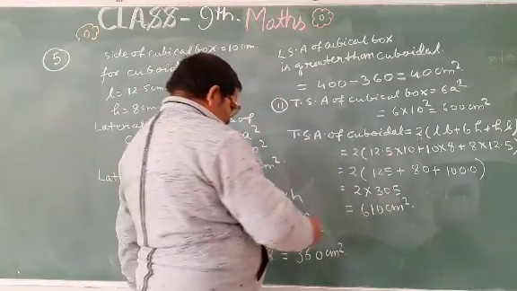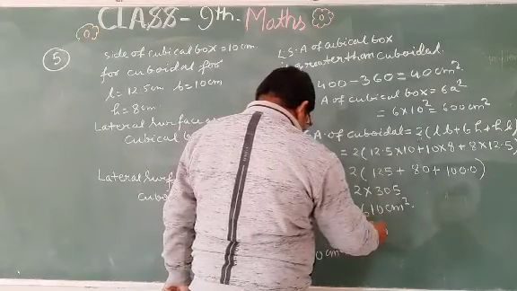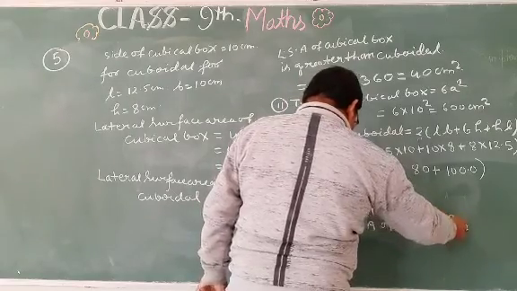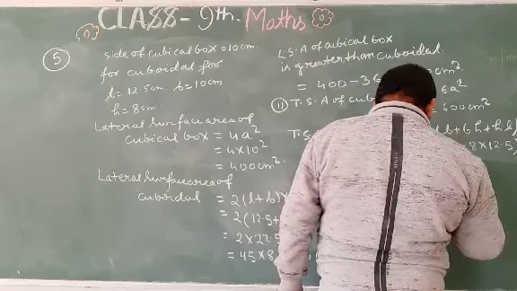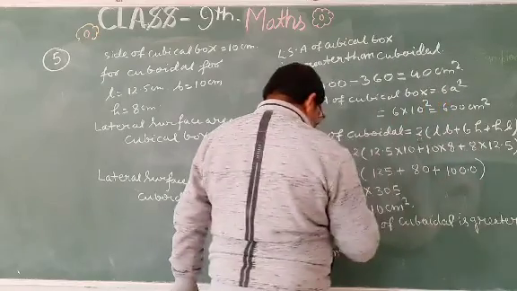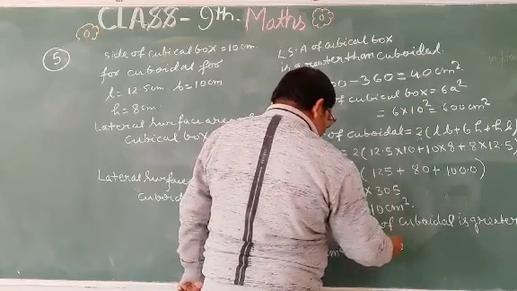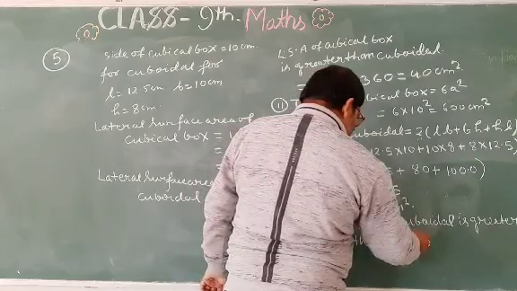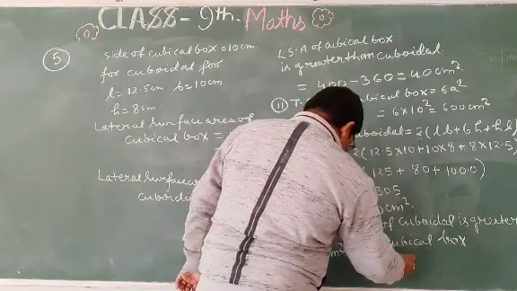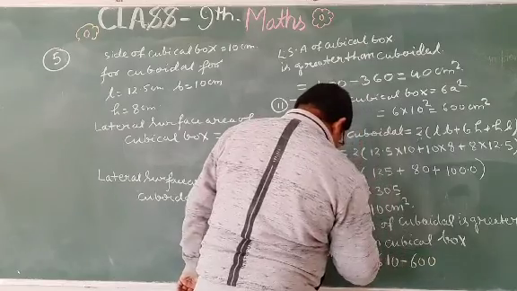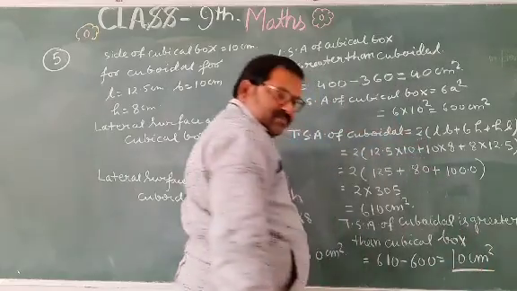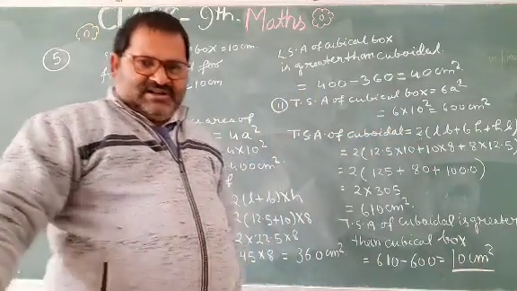So the total surface area of the cuboidal box is greater than the cubical box, and 610 minus 600 equals 10 centimeter square.